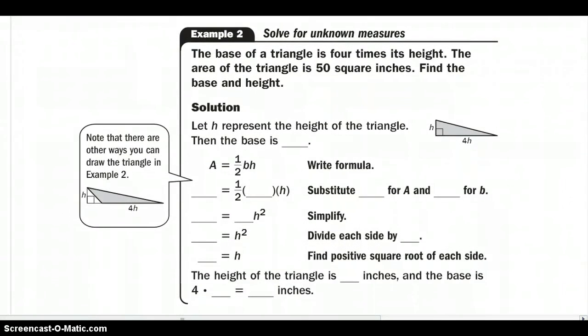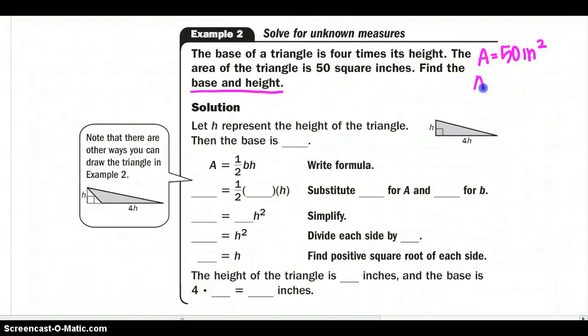So we want to solve for an unknown measure like we did up there with our rectangle. So the base of a triangle is 4 times its height. The area of the triangle is 50 inches squared. We want to find the base and the height.